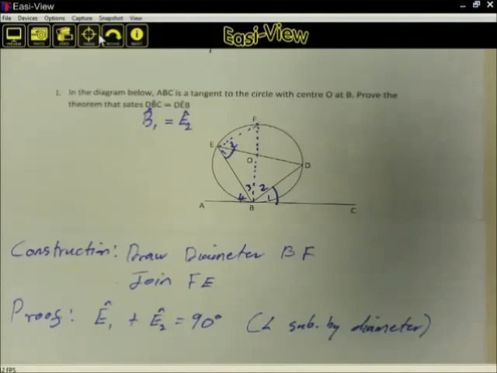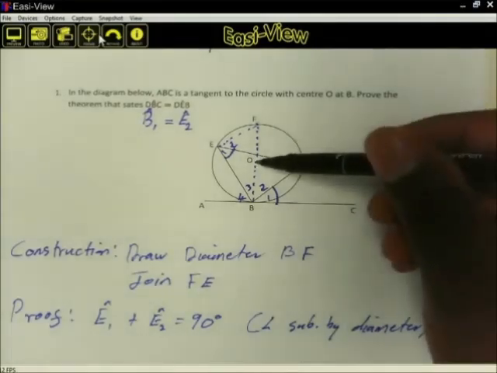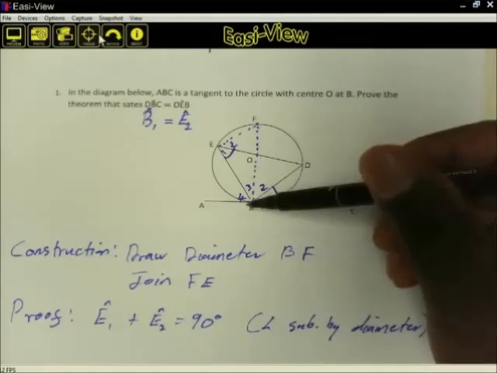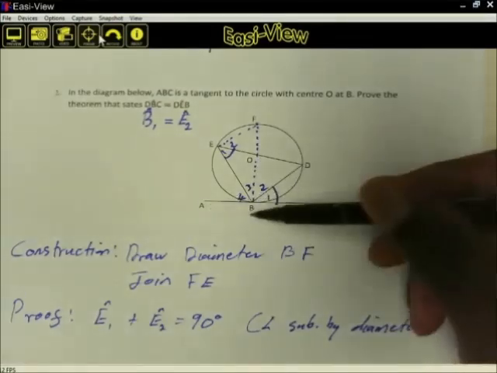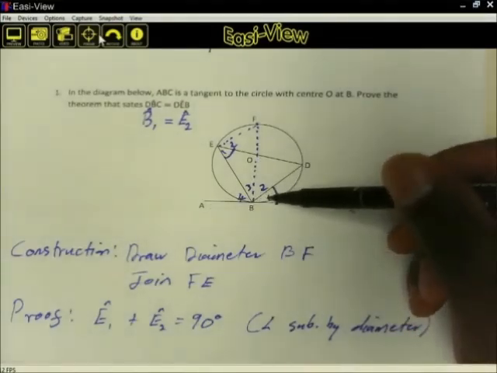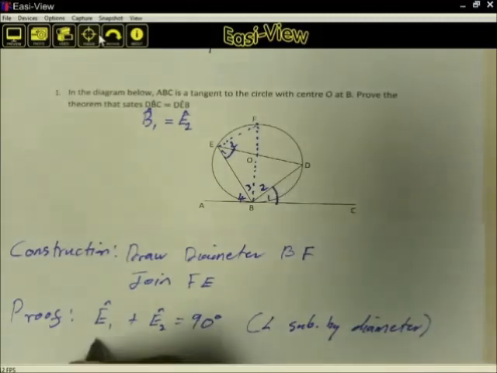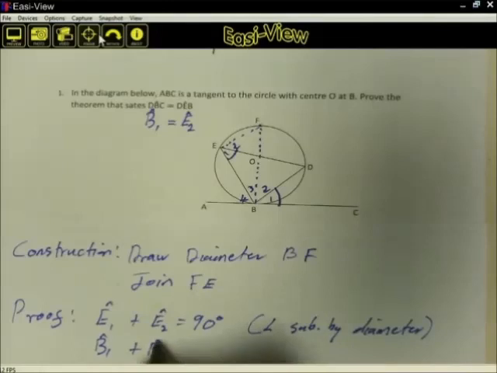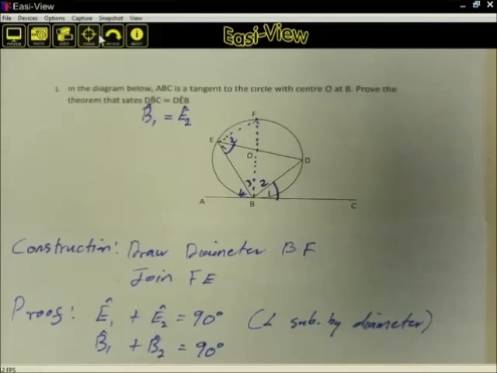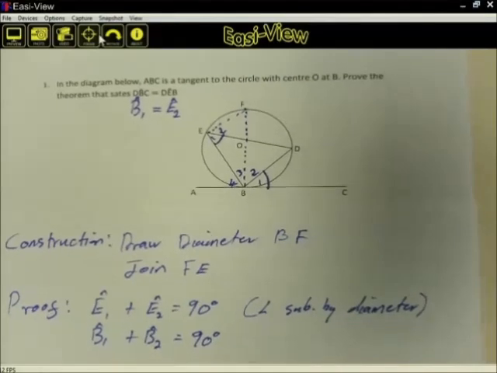So check again, O is the center. ABC is a tangent to the circle at B. So we say angle B1 plus B2 is equal to 90 degrees. Let's check the reason for that statement. Why? Can you give me the reason?